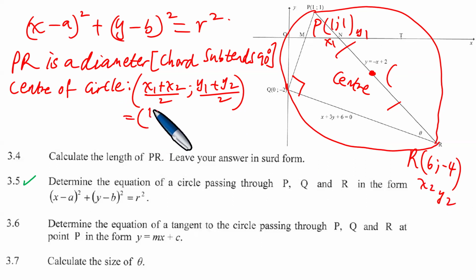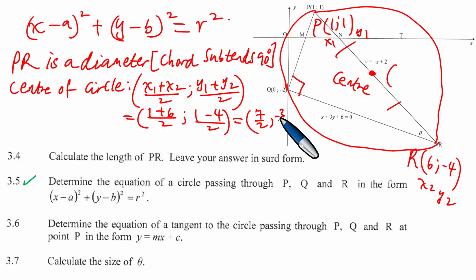So x1 is 1, x2 is 6, out of 2. y1 is 1, y2 is minus 4, out of 2. 1 plus 6 is 7 out of 2, and 1 minus 4 is minus 3, out of 2.